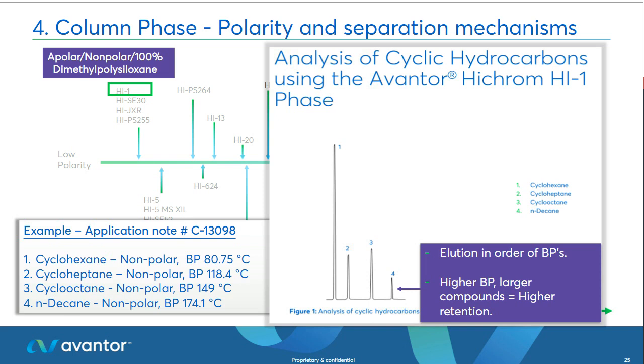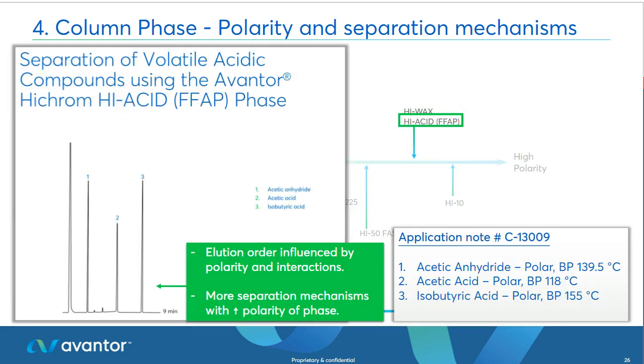But then this compared to a high polarity FFAP phase. The elution order is influenced by polarity and interactions. So we can see on the right the list of analytes. So we've got acetic anhydride with a boiling point of 139.5 degrees.